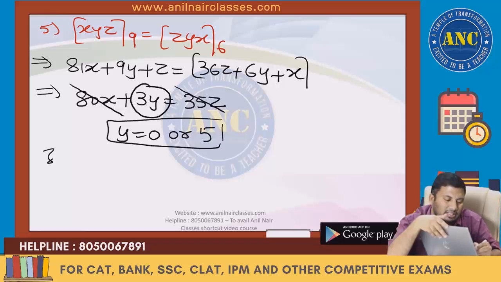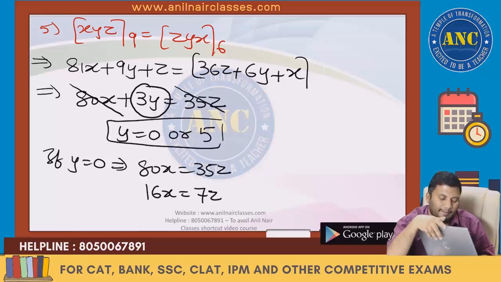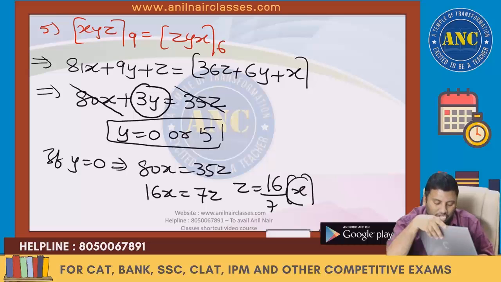If y is 0, this will become 80x equivalent to 35z. This is 16x equivalent to 7z. Z equals 16 by 7 of x, so x should be divisible by 7. Either x is 0 or 7.